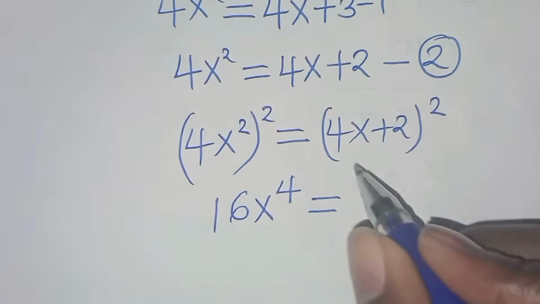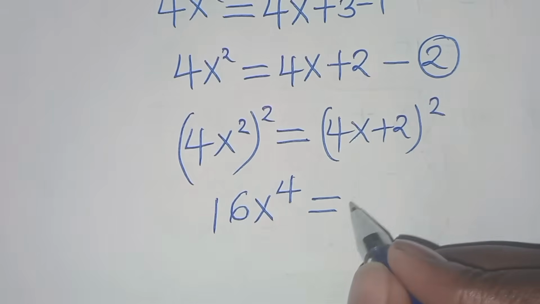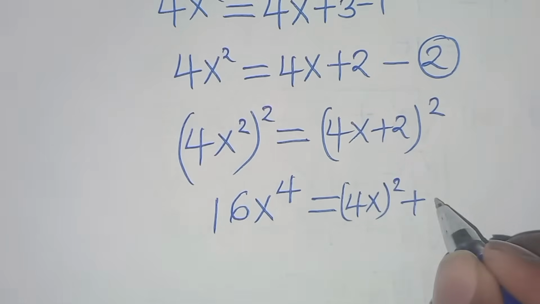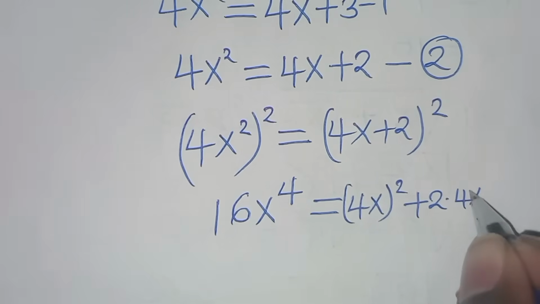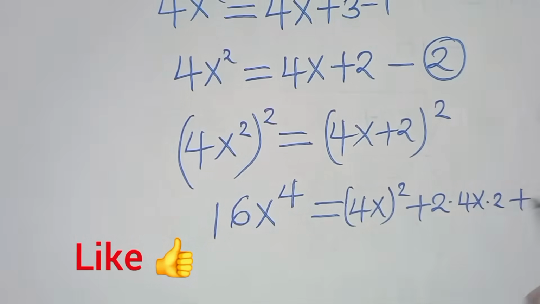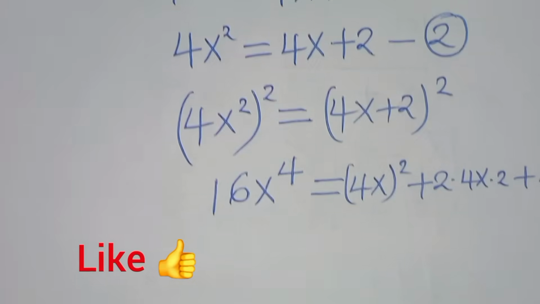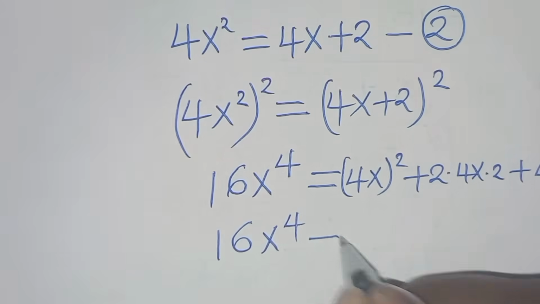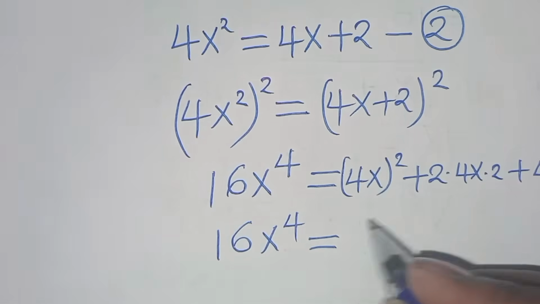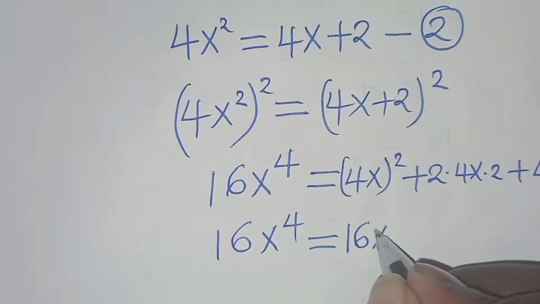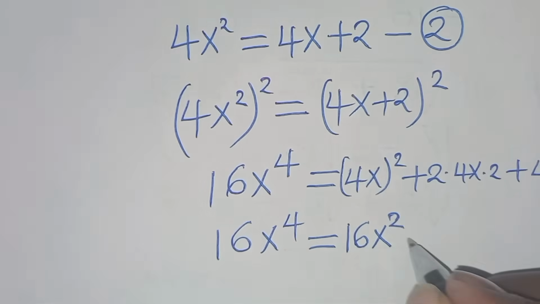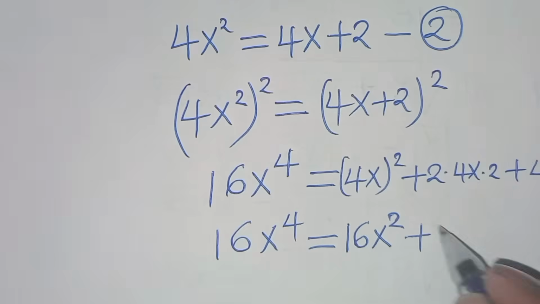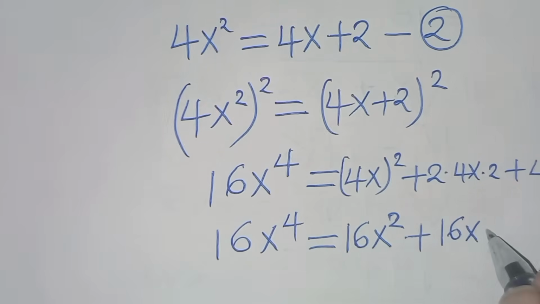This is equal to (4x + 2)², which is the same thing as (4x)² + 2 × 4x × 2 + 2², which is equal to 4. Now here we have 16x⁴ equal to 16x², then plus, this is 2 times 4x, this is 8x times 2, this is 16x, then plus 4.